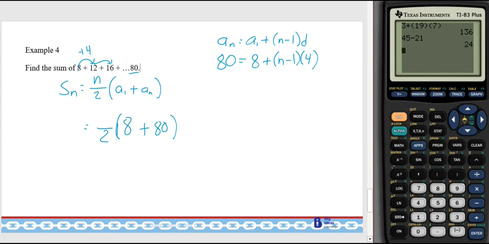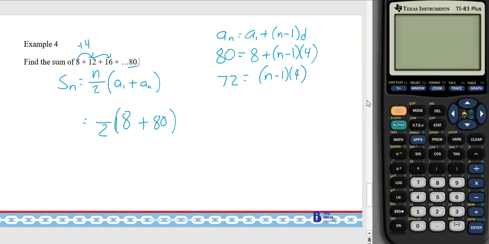Okay, so I'm going to use algebra to solve this, right? I'm going to subtract 8 from both sides. I get 72 equals n minus 1 times 4. So at this point, we can divide out the 4, right?